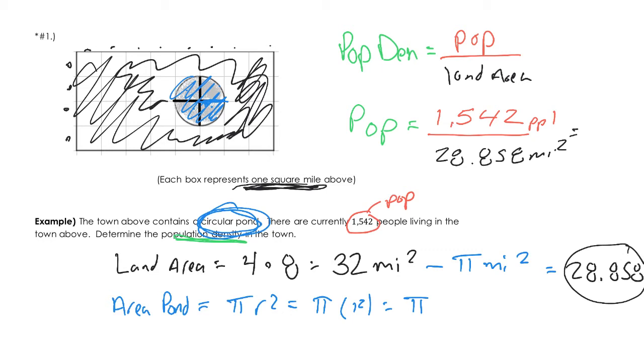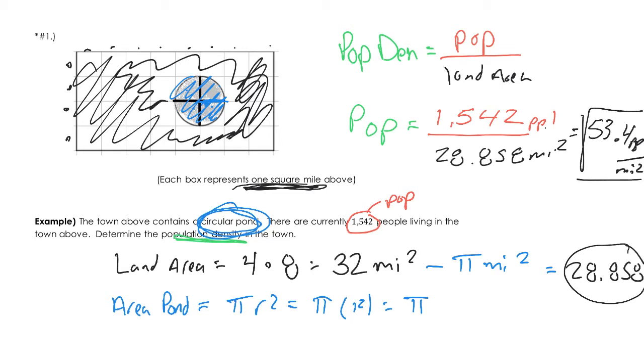When I just divide that, 1,542 divided by that, we get 53. It doesn't say what to round to, so I'll just go 1 decimal place out. 53.4 people, because it's people per mile squared.